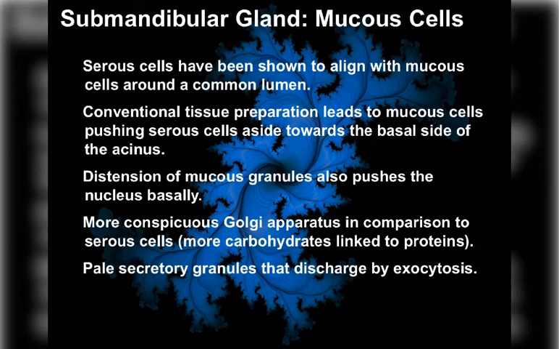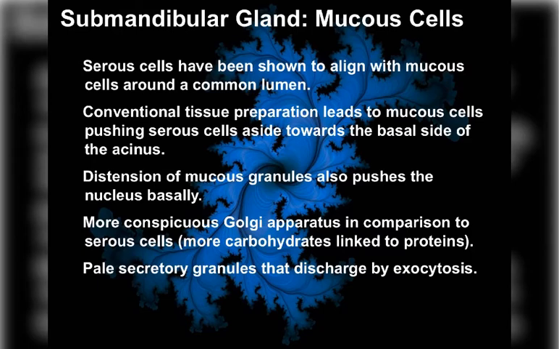Distension of mucous granules also pushes the nucleus basally. More conspicuous Golgi apparatus in comparison to the serous cells. More carbohydrates linked to protein. So here we have in mucous cells more Golgi apparatus than in serous cells.